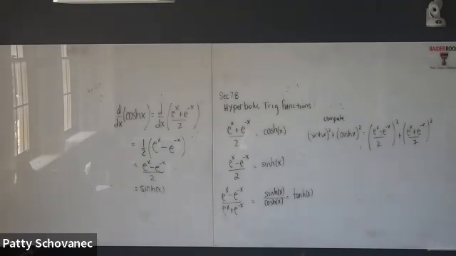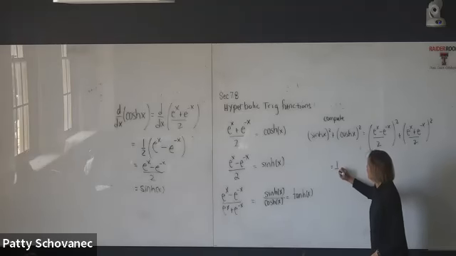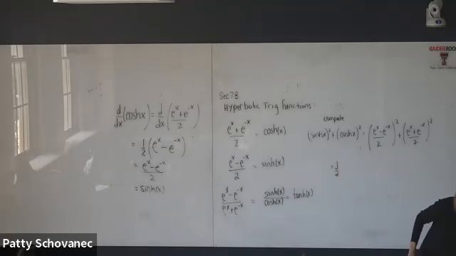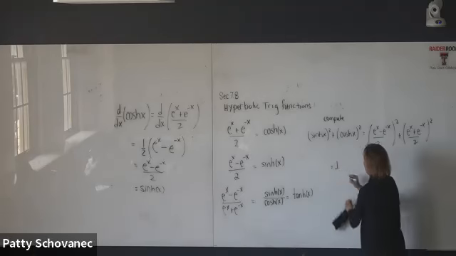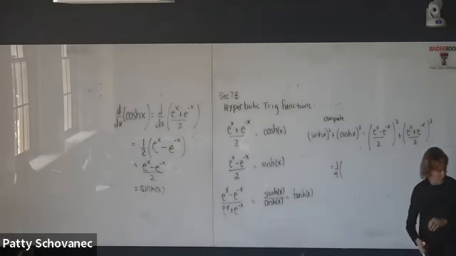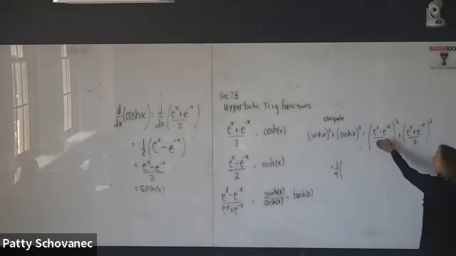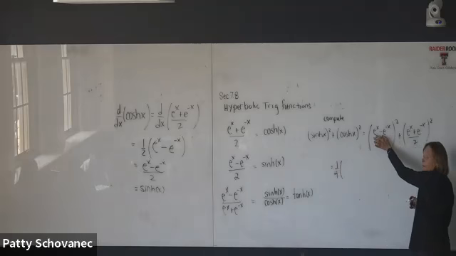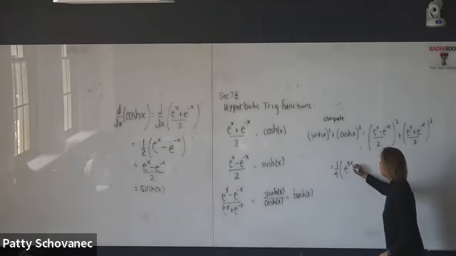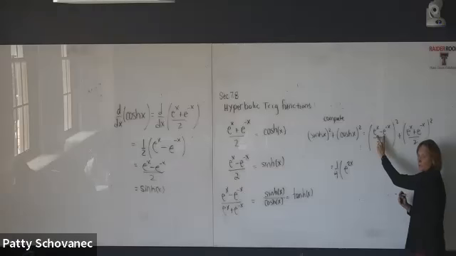The 2 squareds are easy. I'll just get a 4 on the bottom. To square the numerators, you've got to FOIL it out. So let me put the 1/4 out front. When I square that, I get the first term squared. E to the x all squared is the same as e to the 2x. Then I'm going to get twice the product of the 2.